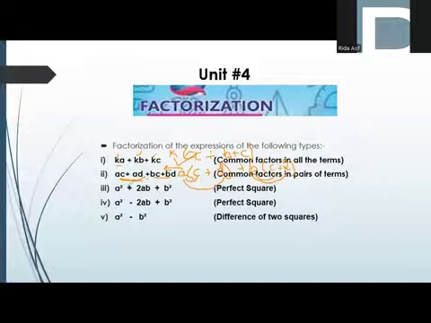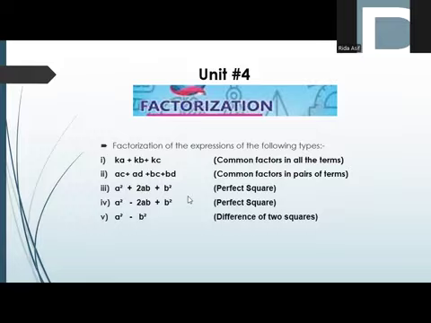Now moving on to the third type. In this third type, we can see the perfect square.